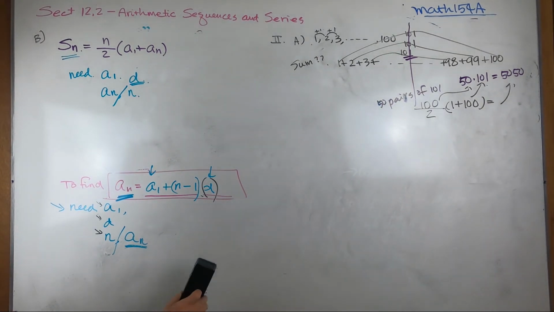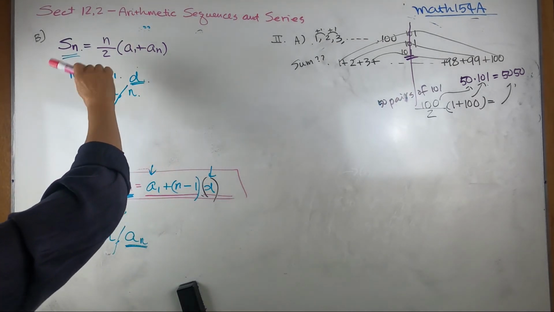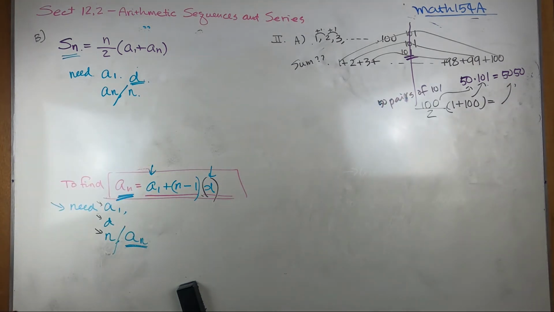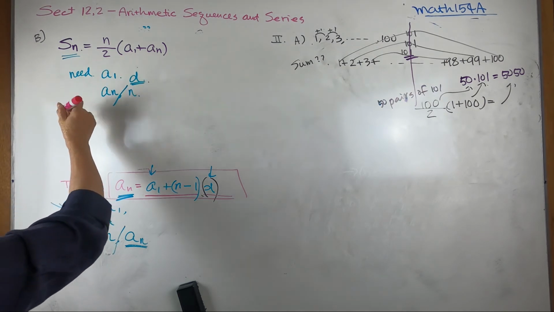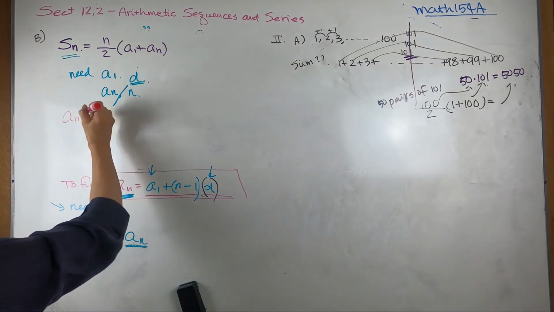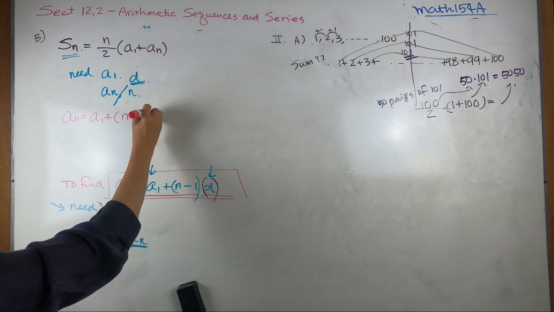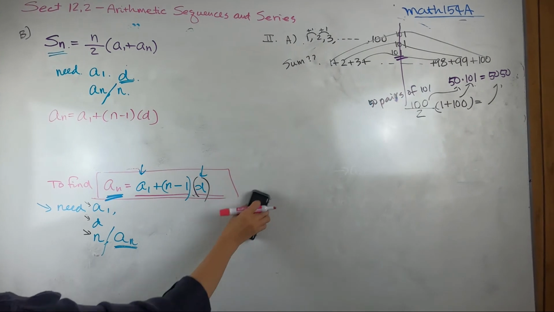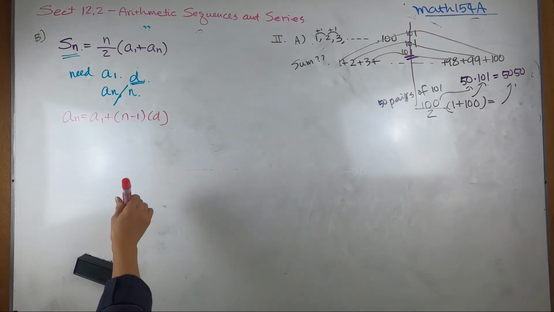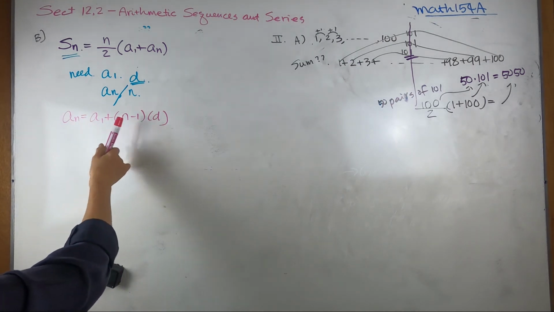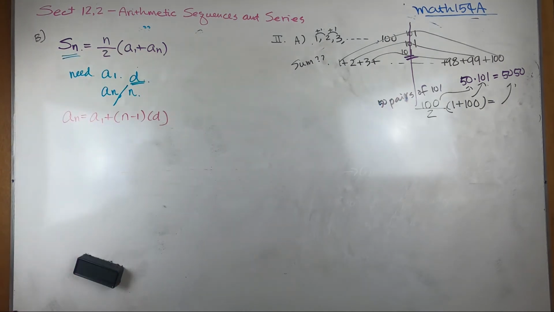So far, we are learning the arithmetic sequence. We learned the finite sum. Then we learn the general term, an equals a1 plus n minus 1 times d, right? We also need all those things. One is the sequence, the general term. Another one is the sum.